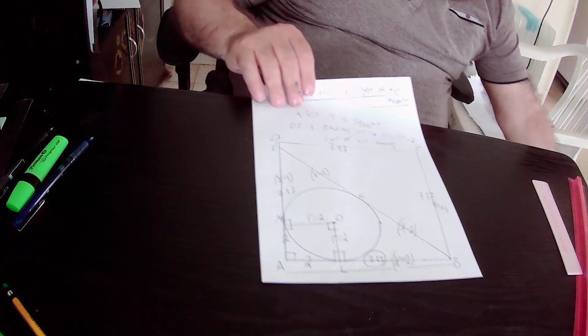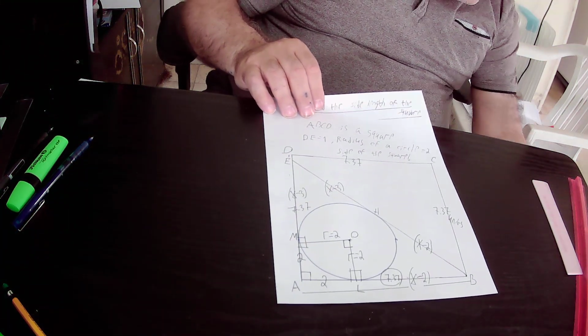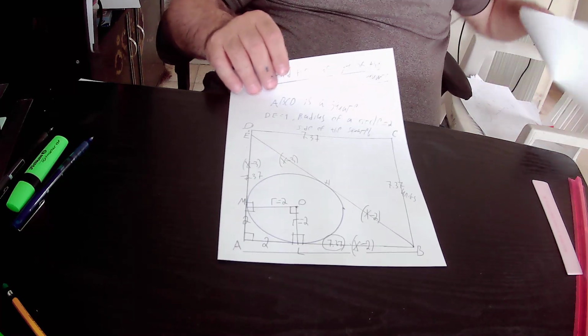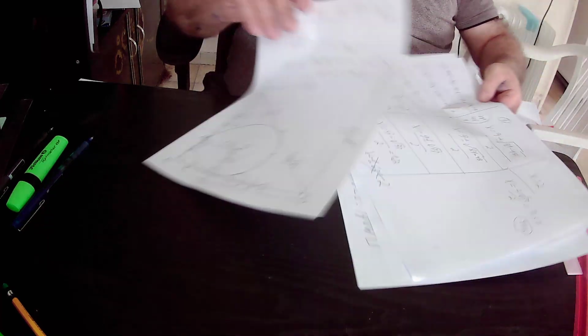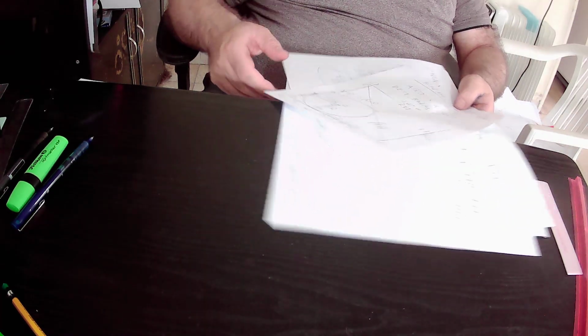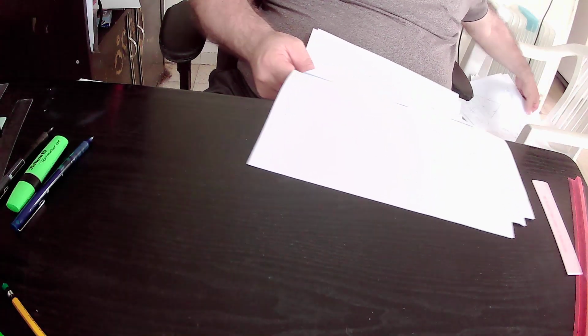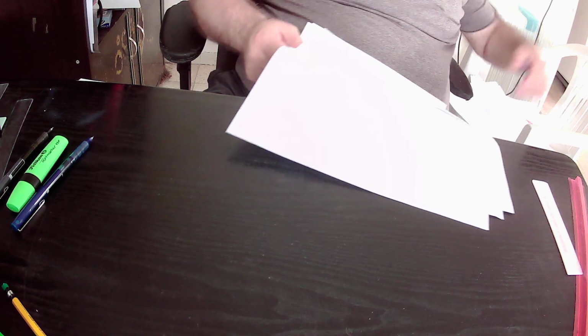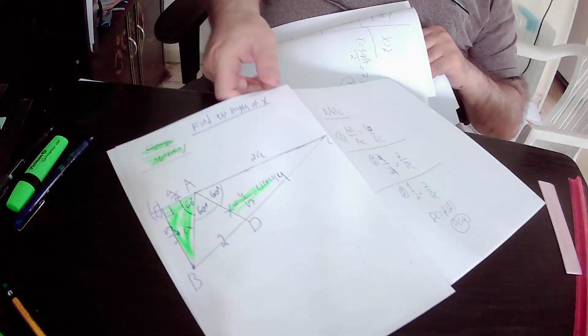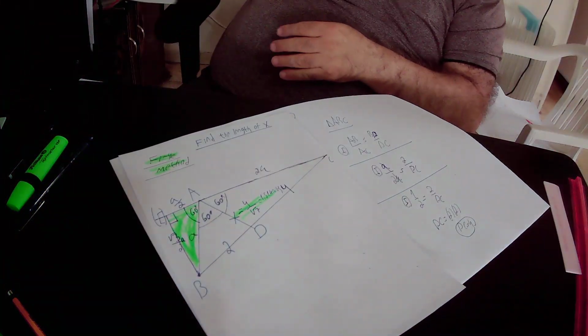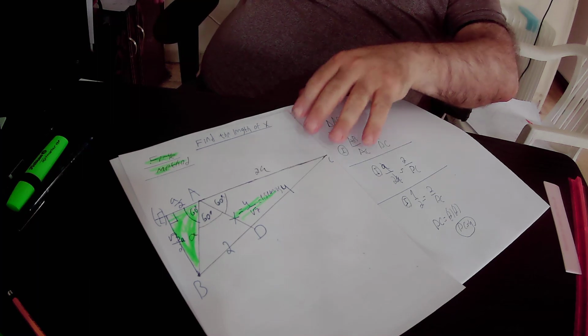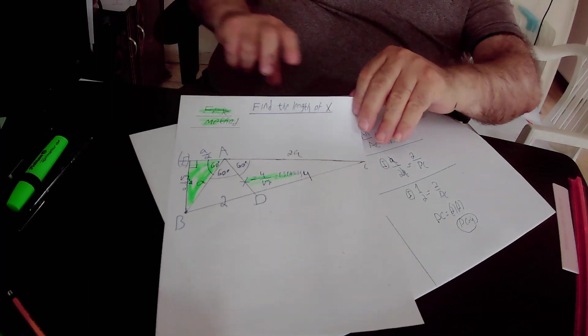Okay, the next step, I present to you how we found the answer to the second question according to the first method. So we have here triangle ABC.